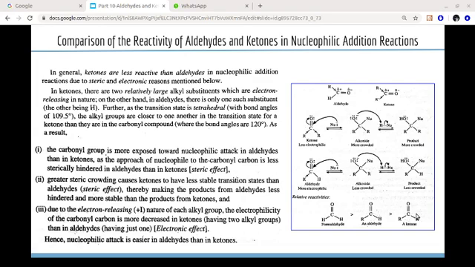Then in the case of ketone there are two alkyl groups, so the nucleophile can attack the carbonyl carbon with less easiness. So overall, nucleophilic addition is very easy in aldehyde compared to ketones.